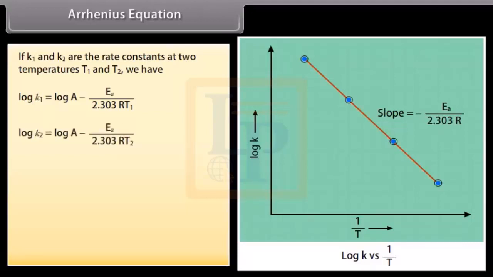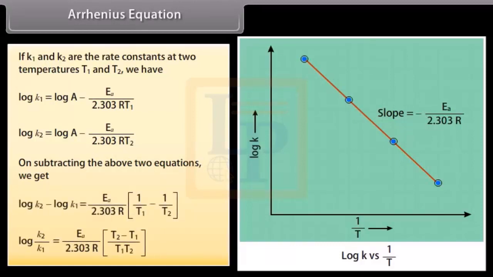Log K2 is equal to log A minus EA upon 2.303 RT2. On subtracting the above two equations, we get log K2 upon K1 is equal to EA upon 2.303 R multiplied by T2 minus T1 upon T1 T2.